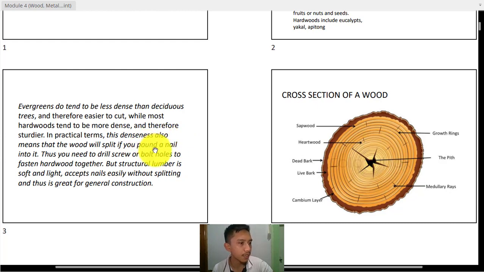For example, it is easier to pound a nail into a pine tree than into yakal, because in yakal the nail may deform, or if the nail penetrates, the yakal wood might split. So the connections used for hardwood are screws and bolts. We need to drill so that it will not exert an effort to split the grains of the hardwood.